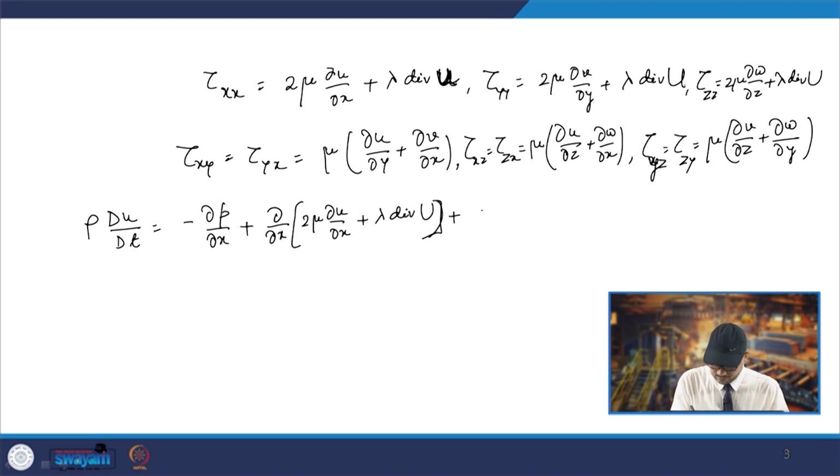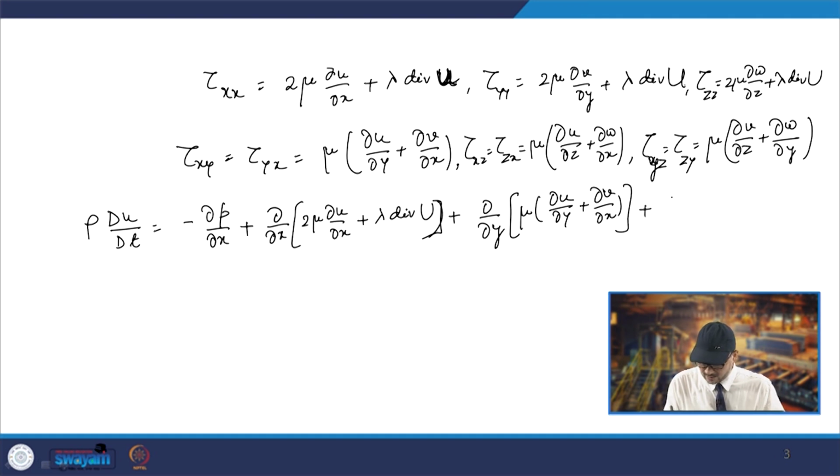Similarly, you will have dou by dou y of tau xy, that is mu times dou u by dou y plus dou v by dou x, and the third term will be dou by dou z of mu times dou u by dou z plus dou w by dou x.